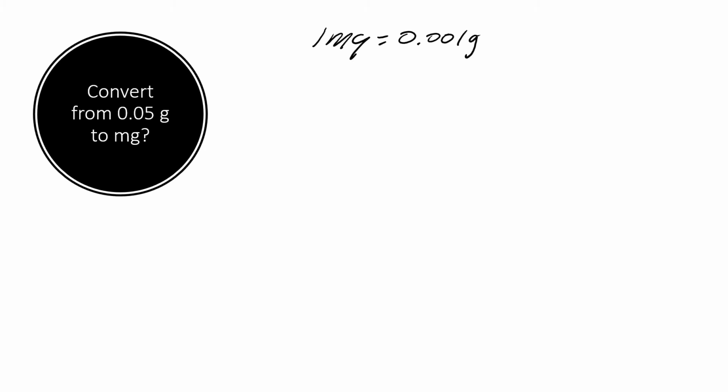Let's divide by the 0.001 grams. We end up with 1 milligram over 0.001 grams equals, what happens when you divide 0.001 grams by itself? You end up with 1. So that's telling us something really important: this quantity on the left-hand side is essentially equal to 1.